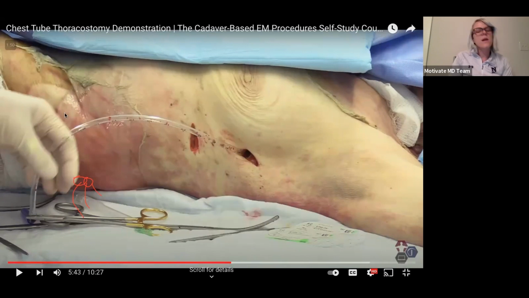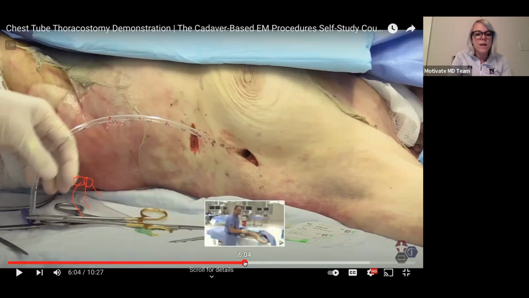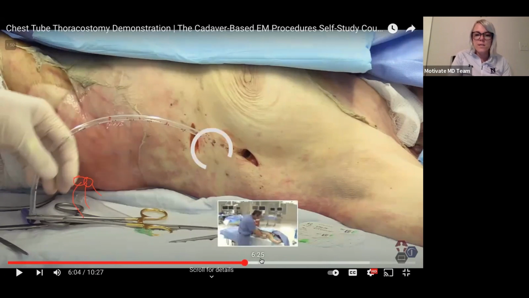Another thing to remember is if you stick in a chest tube and you get a lot of fluid over a 24-hour period, or a large amount of fluid initially, that's a good indication to do a thoracotomy, a more invasive procedure, due to that excess fluid and air being there.